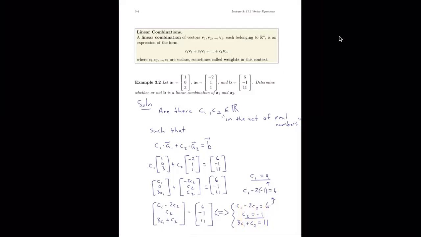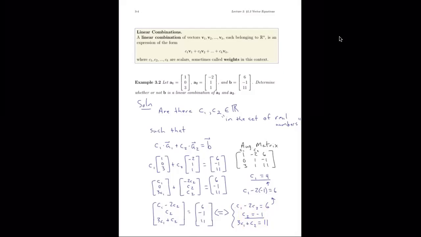So let me just write that down so it's very clear. I'll put maybe in a black ink up to the side here, that our augmented matrix, by the way, if we were going to solve that linear system of equations we came up with, our augmented matrix would actually be 1, 0, 3, -2, 1, 1, 6, -1, 11. And if we brought this to reduced row echelon form, remember this is the column for C1, column for C2, and that's our right-hand side next to that.